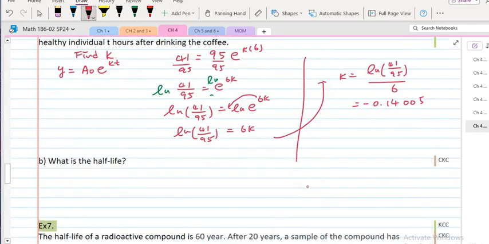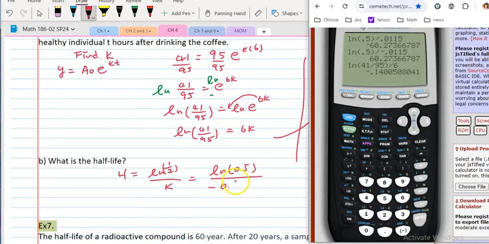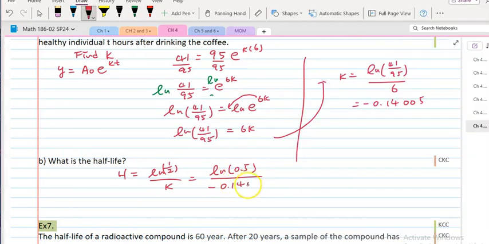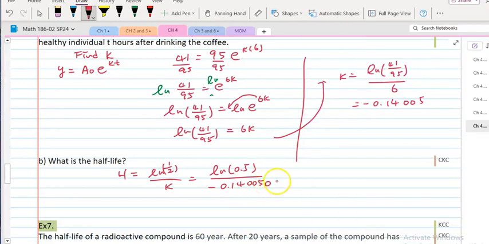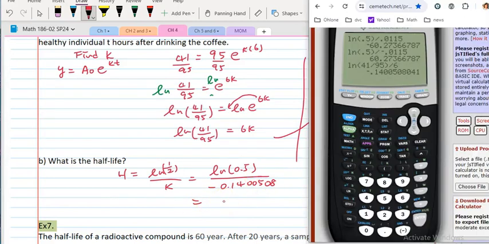What's half-life? We know half-life h is ln 1/2 divided by k. So our 1/2 would be 0.5, our k was negative 0.14005. So ln 0.5 divided by that.